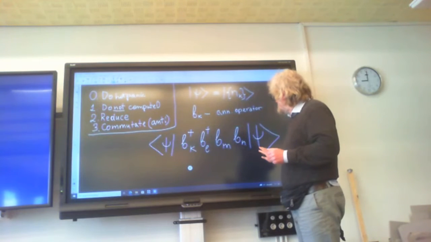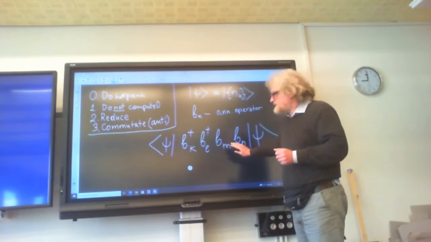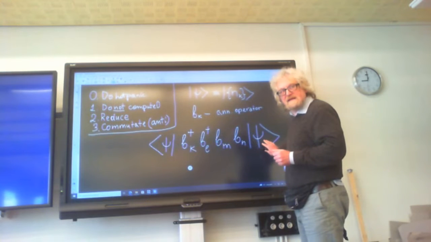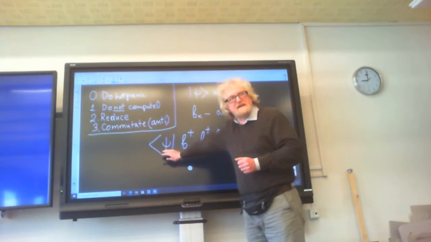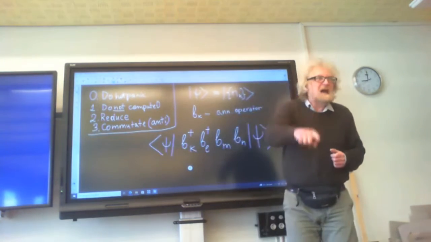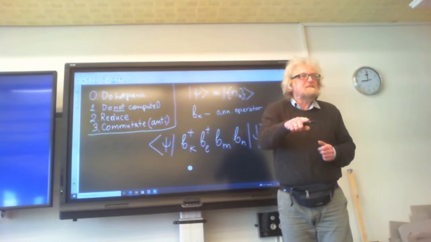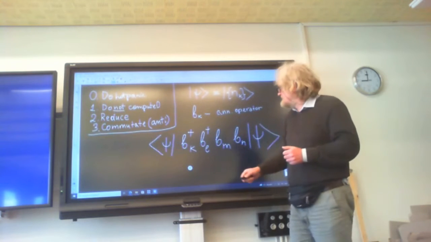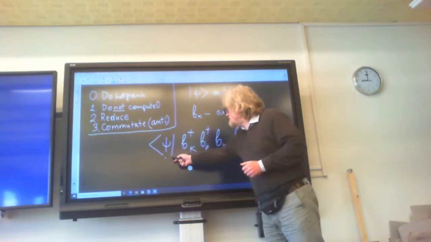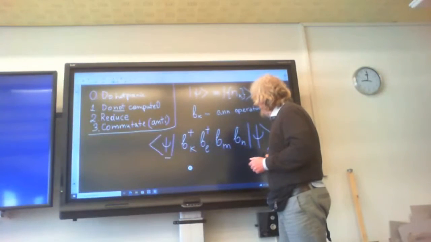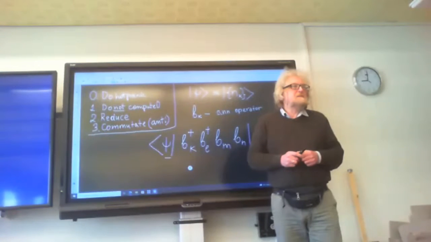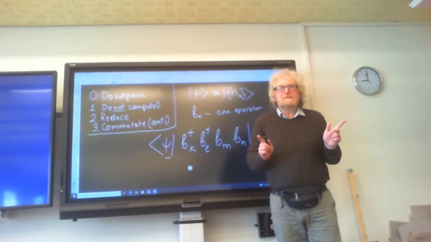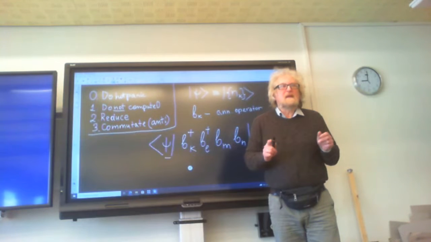Let me argue as follows. I have some operators acting on a state, and after the action of these operators, I have to come to the same state. Let us recognize that the states here and here are the same. Now what do I do?